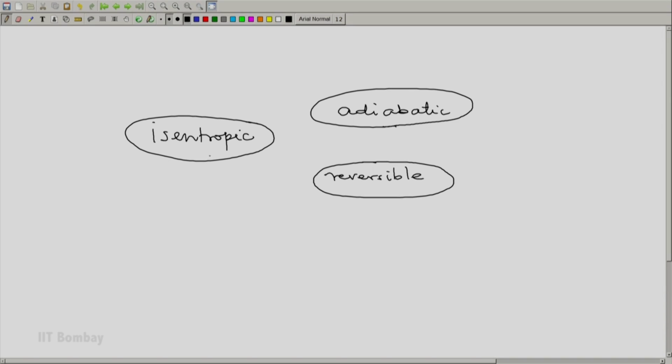If you say a process is isentropic, that does not mean that it is adiabatic, that does not mean that it is reversible. So an isentropic process need not be adiabatic, need not be reversible. Similarly, an adiabatic process need not be isentropic, need not be reversible, and a reversible process need not be adiabatic, need not be isentropic. So these three are three independent entities in that sense.